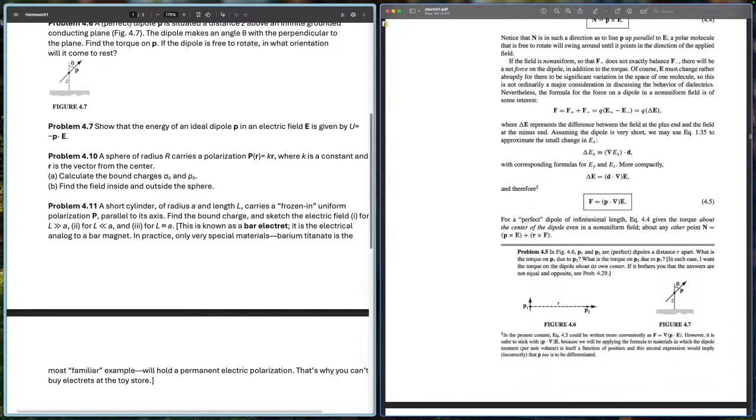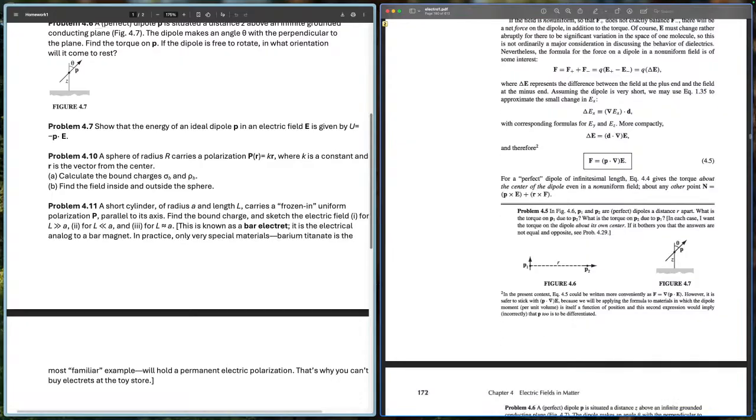Delta E is equal to the divergence, and the force is also given by the divergence, where this is written as an operator. That makes sense.